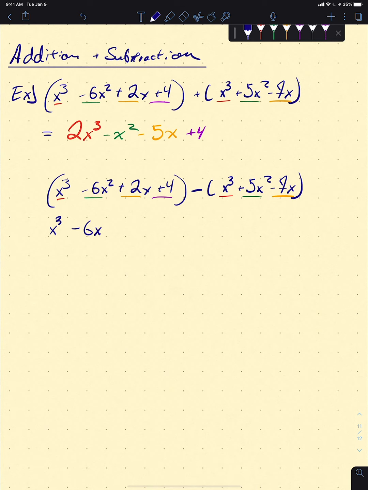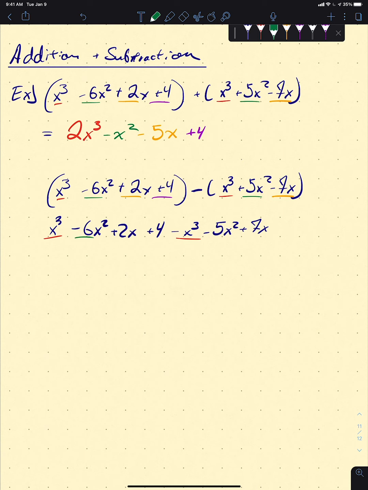x cubed minus 6x squared plus 2x plus 4 minus x cubed minus 5x squared, and a minus a negative 7x is a plus 7x. Collecting like terms again, we see 1x cubed minus 1x cubed, so we get 0x cubed.